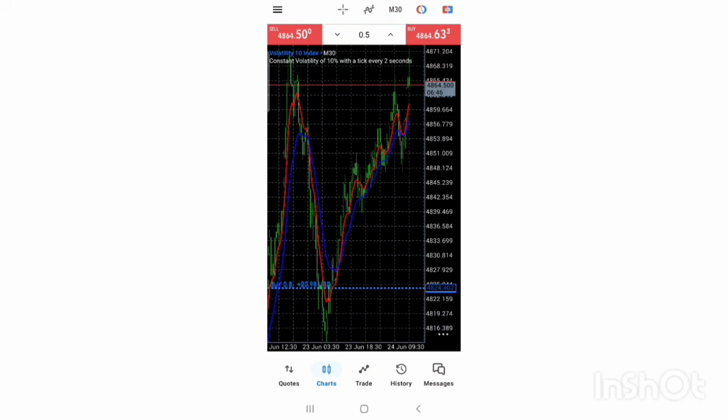So guys, this is a very good indicator. It's just two moving averages that give you entry confirmation and help you to know when to hold the market, when to exit and take profit. Because taking profit is just as important as entering the market.